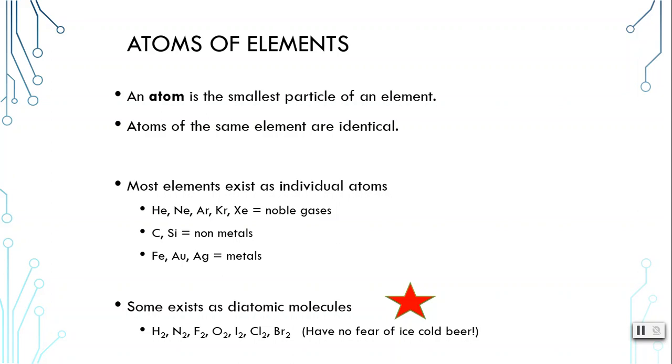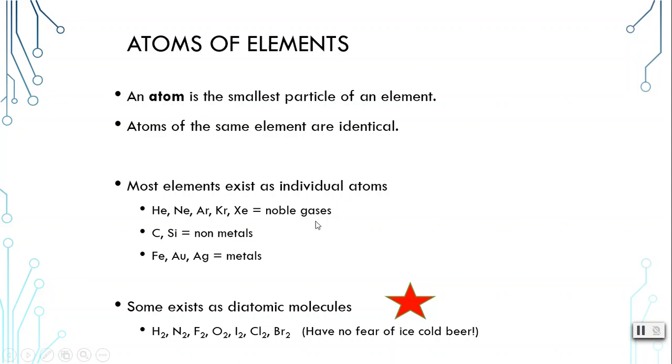We also said that most elements exist as individual atoms. So for example, if I had a sample of Fe, which is iron, a kind of metal, we would see that the metal consists of small atoms of iron. So most elements exist as individual atoms.